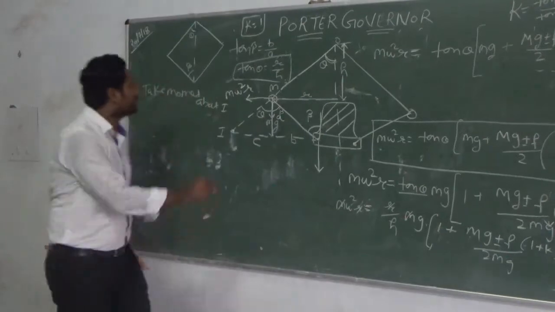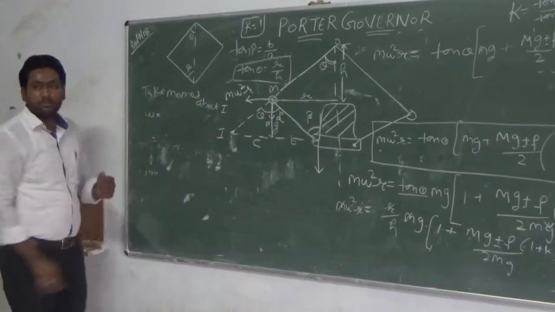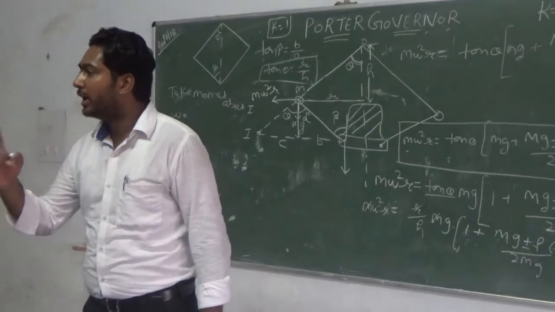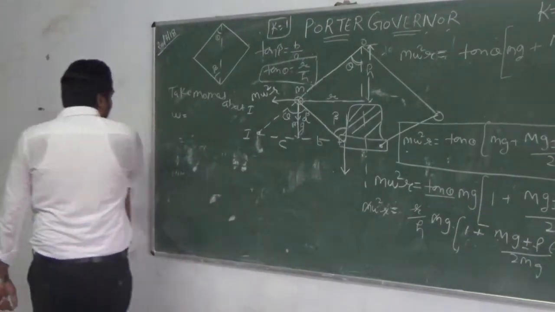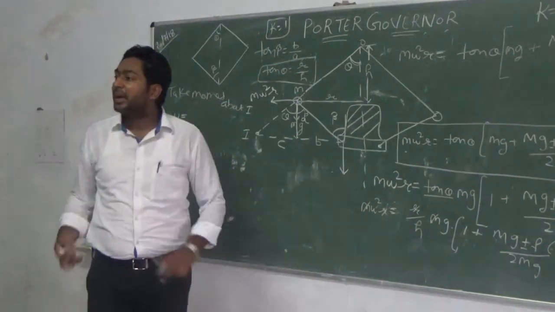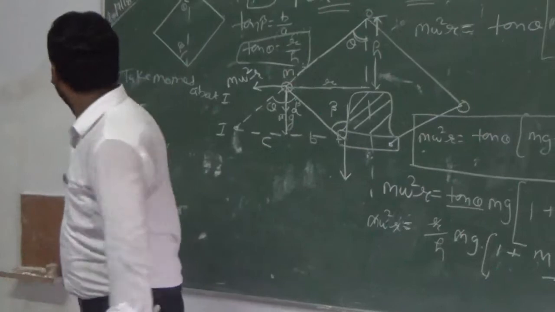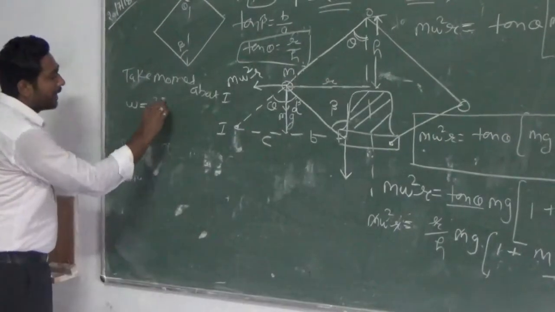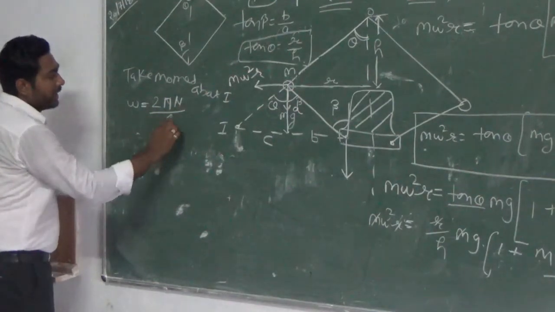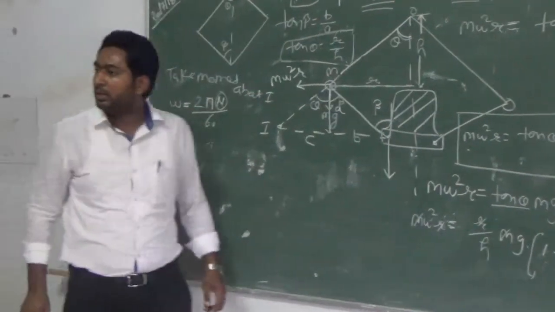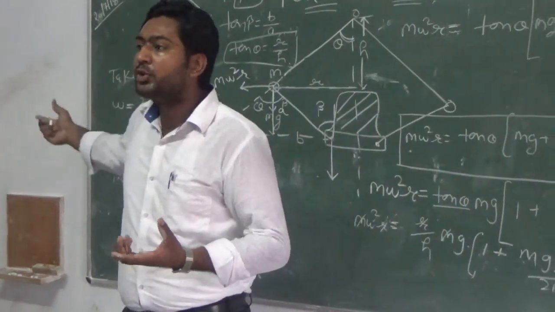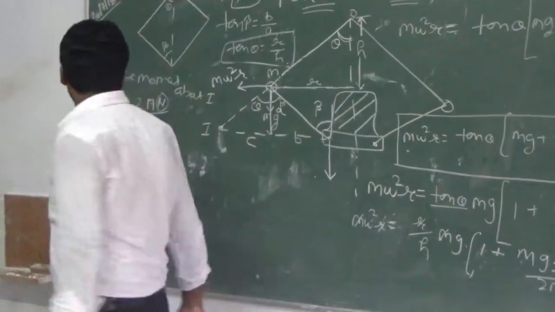Omega square, what is omega? Angular speed. Unit of omega? Radian per second. Omega is 2 pi n upon 60. And n is what? Speed measured in revolution per minute.